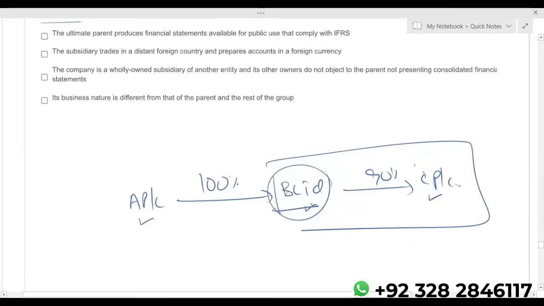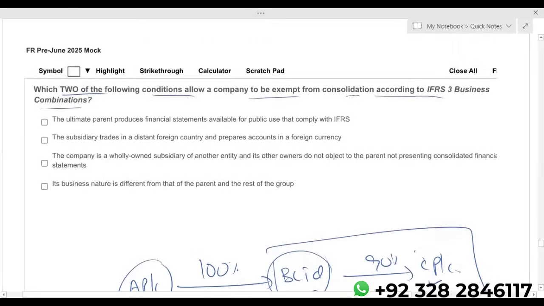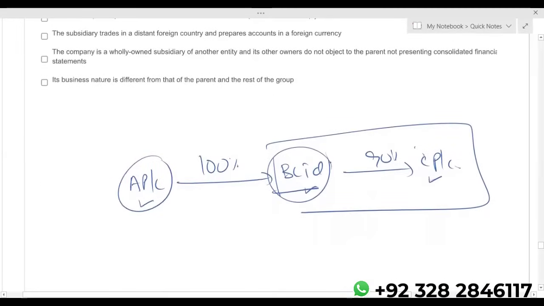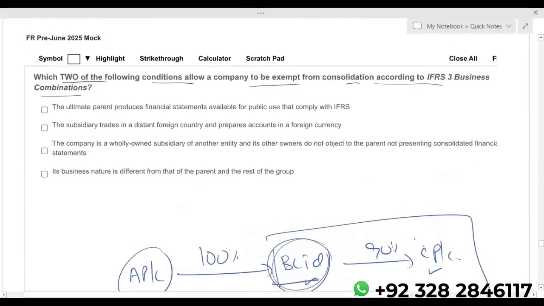Why? B Limited can say simply that the ultimate parent is preparing the group accounts, and there's a possibility that the ultimate parent does not have any problem with B Limited not preparing group accounts with C PLC. Let's see. But this exemption is only applicable to B Limited. A cannot be exempted, okay?